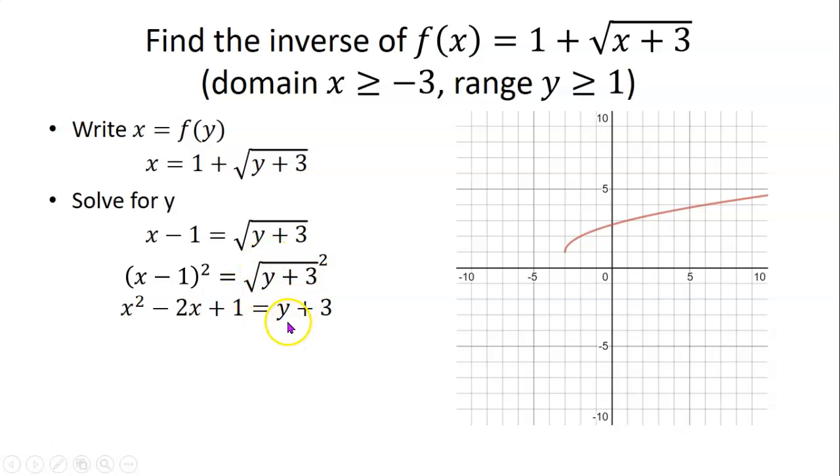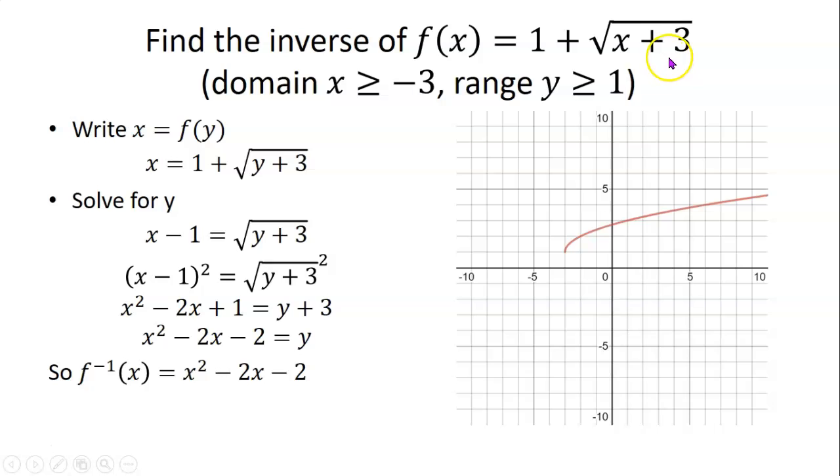The square root squared would just be y plus 3. Okay, one more thing to do to get y by itself, and that would be to subtract 3 on both sides. So y turns out to be equal to x squared minus 2x minus 2. So if we've done everything correctly, that should be the inverse. f inverse equals x squared minus 2x minus 2.